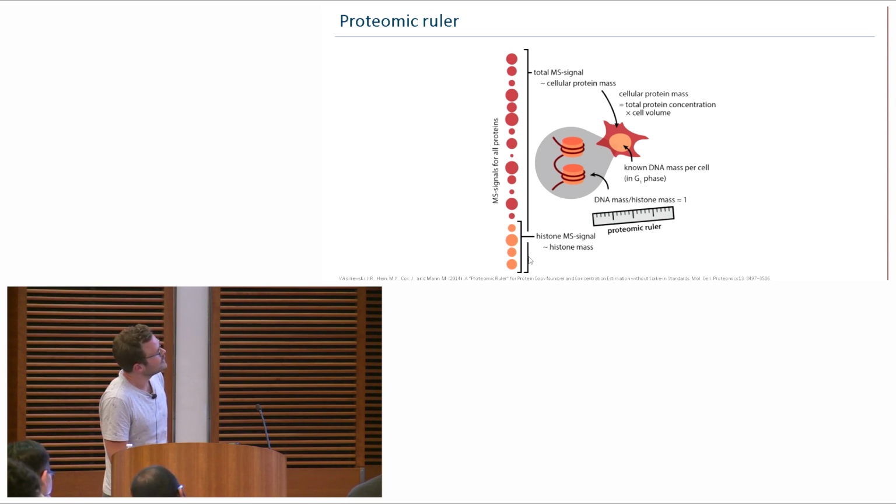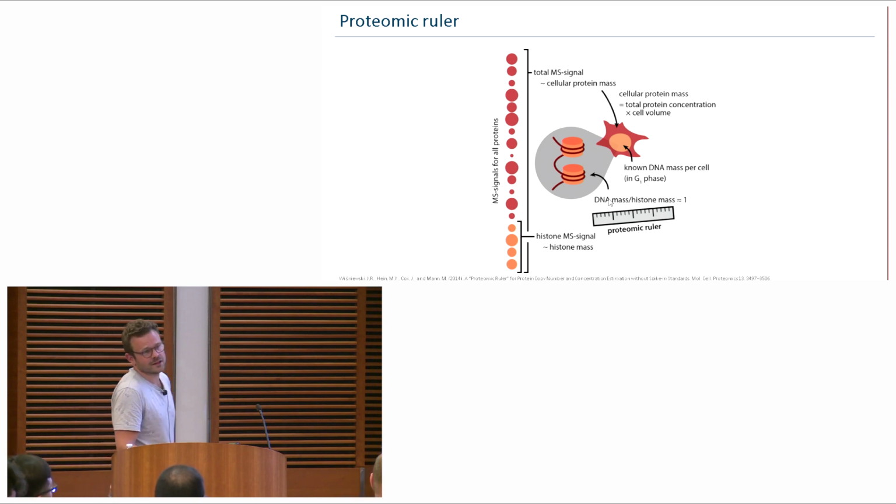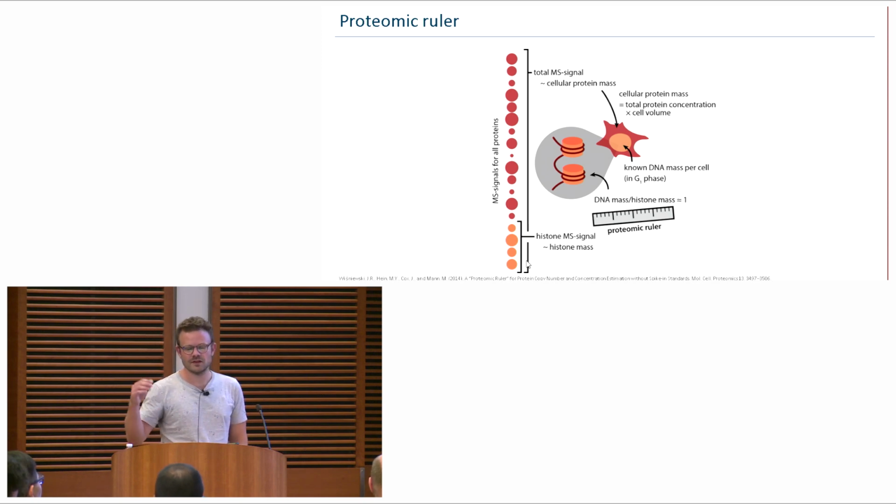For the histones, it is known that the mass of the histones is more or less equal to the DNA mass in a cell, and the DNA mass can be calculated easily. So if we have, for example, this protein, we just take the ratio to the total histone MS signal, and out of that we can calculate the protein amount in the cell. So this is our absolute scale.